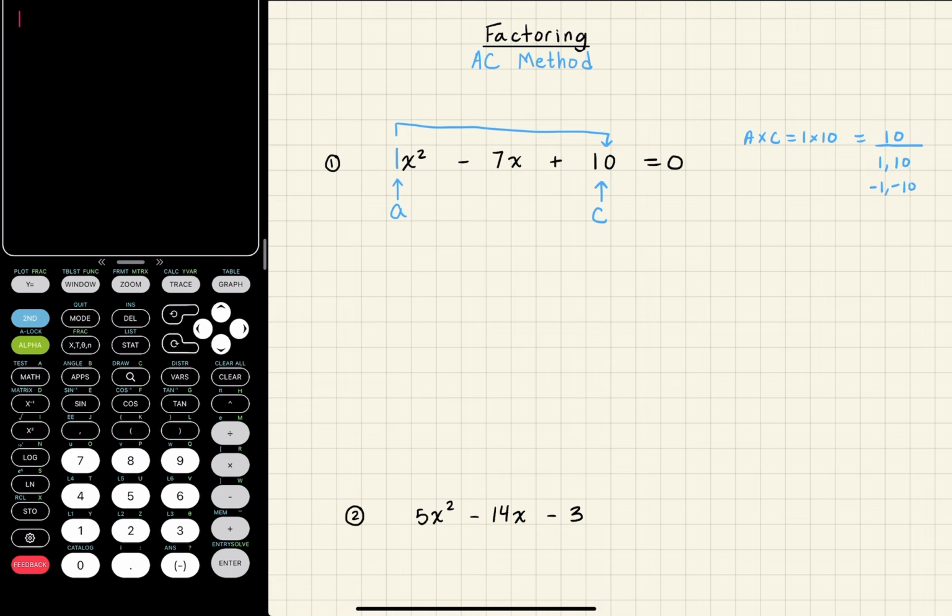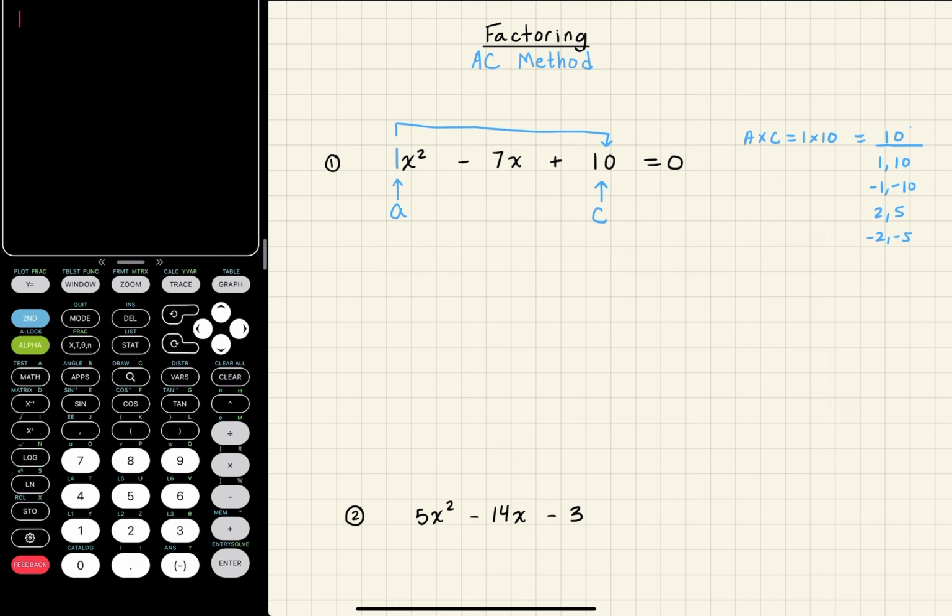A negative times a negative is a positive 10. We could do 2 times 5, and negative 2 times negative 5. So those are all the possible ways we could multiply numbers to get a positive 10.